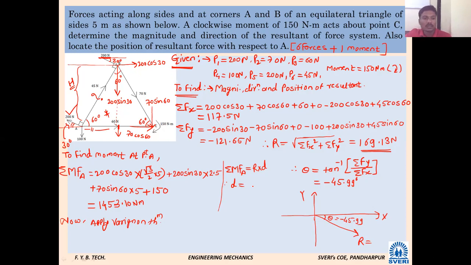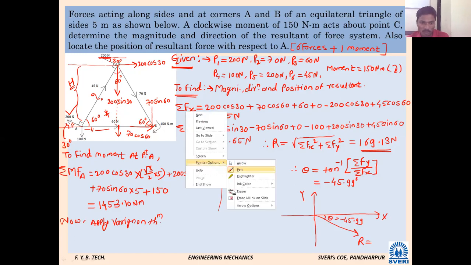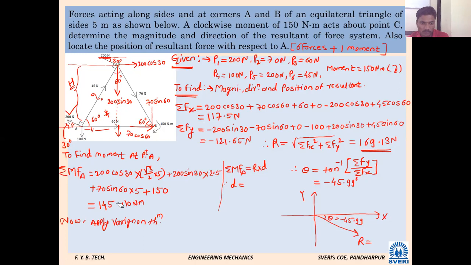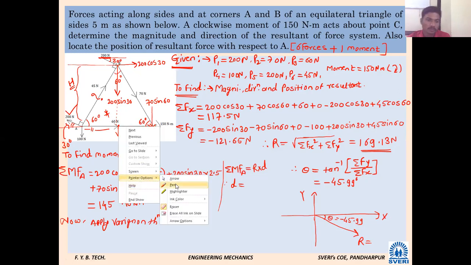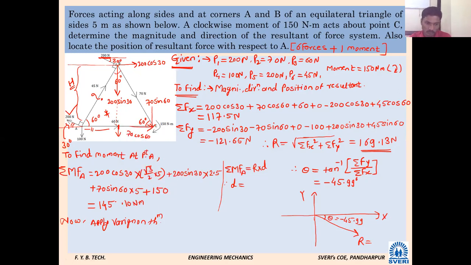R is with you. Total summation means you have to go for 1453.10 divided by 169.13. There is no challenge in this, simple calculation.